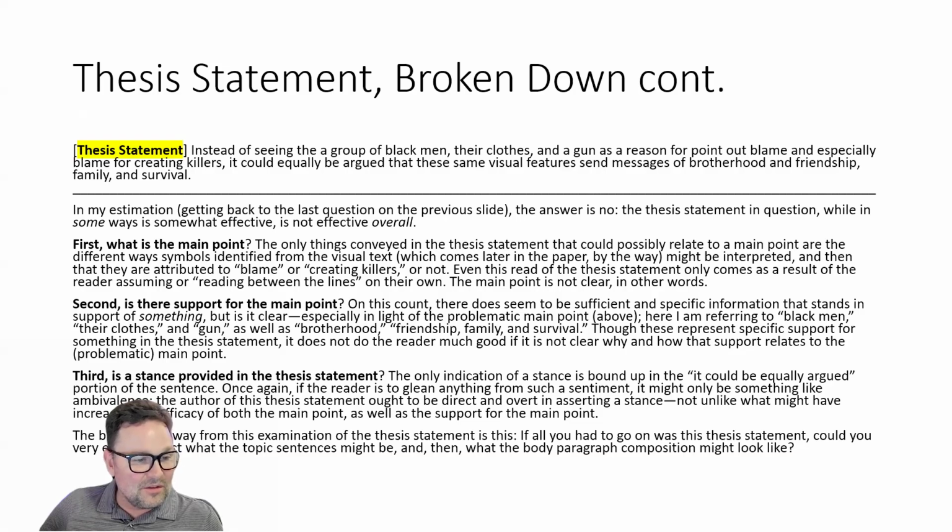You have to do a lot of inferring or assuming what the student who wrote this thesis statement means or wants to mean. The only things conveyed in the thesis statement that could possibly relate to a main point are the different ways symbols identified from the text, which do come up later in the paper, might be interpreted, and that they are attributing some sort of blame or not.